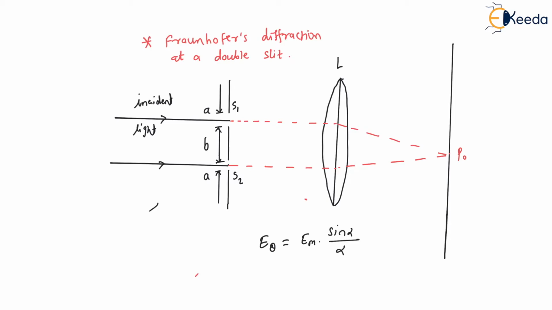Here I'll draw those rays by a blue line. Again, it will start from S2 also. And then this convex lens will converge this light on a screen at a single point. Let that point be P.